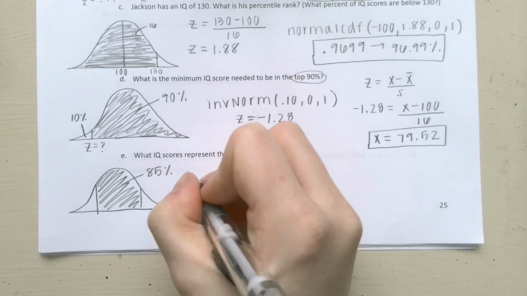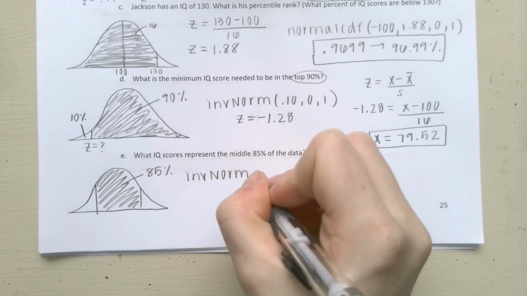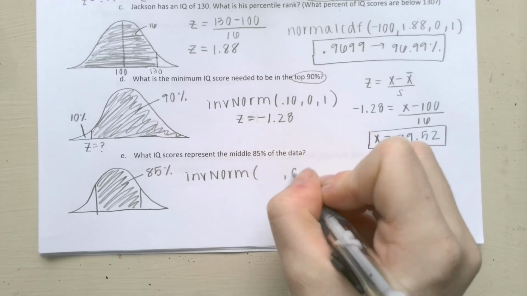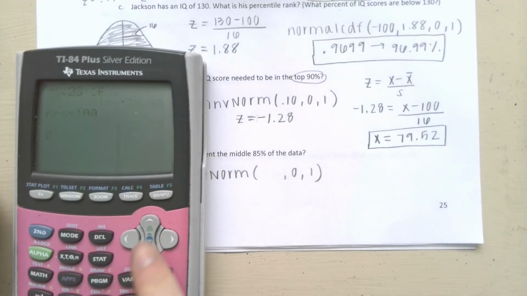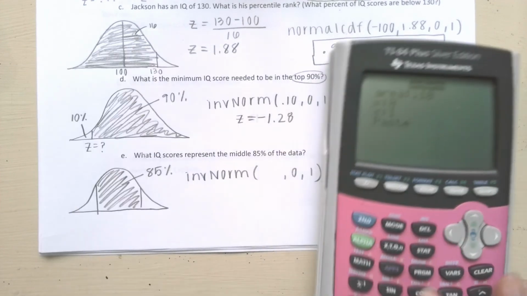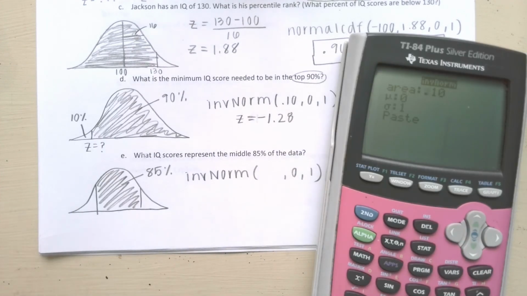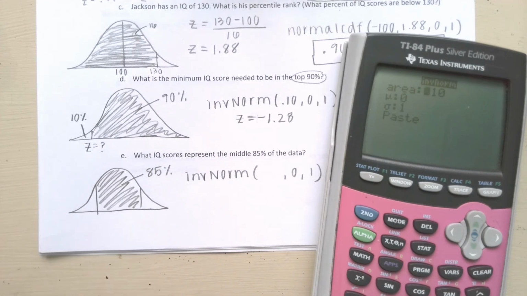Okay, again, we are going to be using inverse norm because they give me a percentage. I'm going to go to my calculator, second bar, going down to inverse. Again, remember my older calculator only goes on the left, so if I type in 0.85, it's going to start right here and go to 85%. It's not quite what I want.